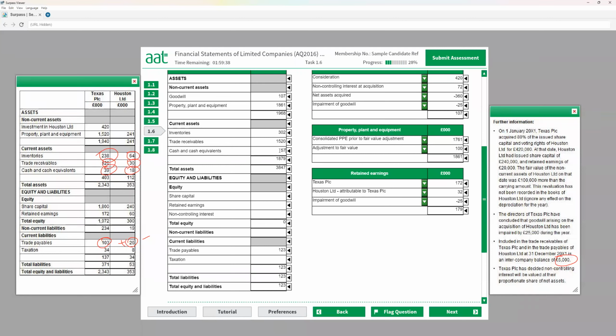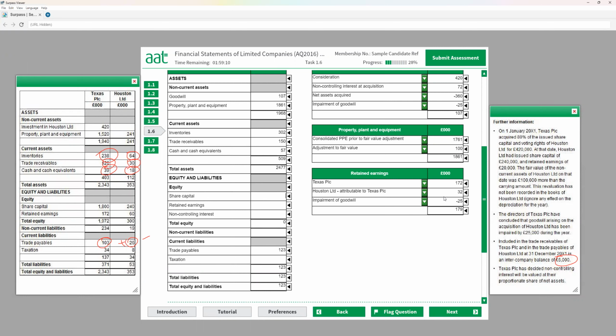So total asset we have is 2477. Then share capital, retained earnings, everything. Remember the equity section, share capital and retained earnings only for the parent. So we have 172 plus we have calculated 32 minus 25.